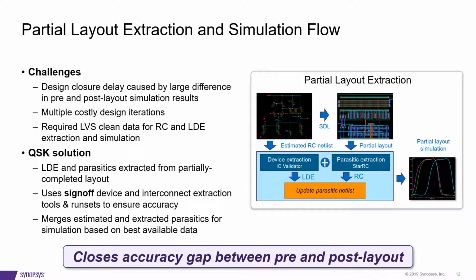QSK provides a flow for extracting accurate LDE and RC data for simulation based on partially completed layout. This flow uses sign-off run sets and engines very early in the design cycle to catch circuit performance issues through simulation by combining estimated and extracted parasitics.